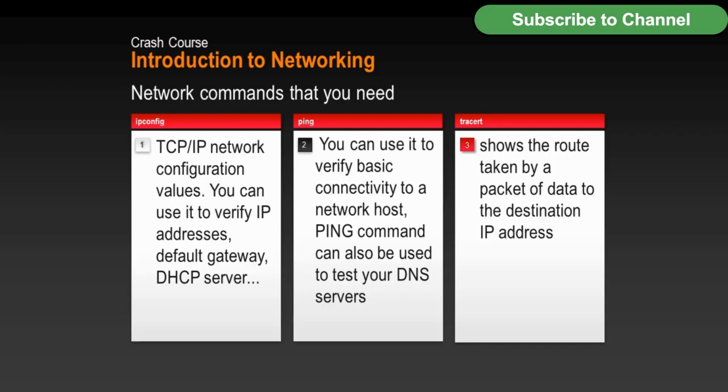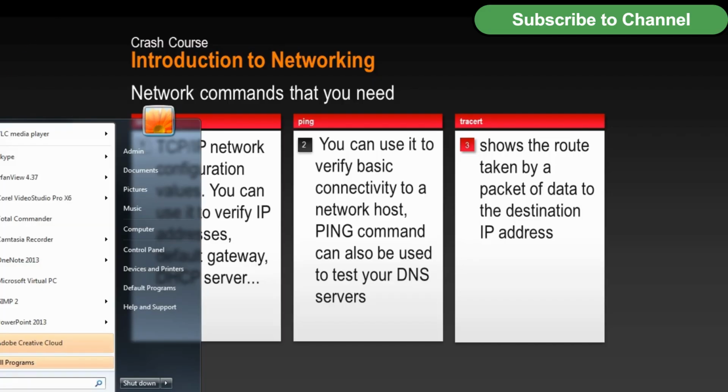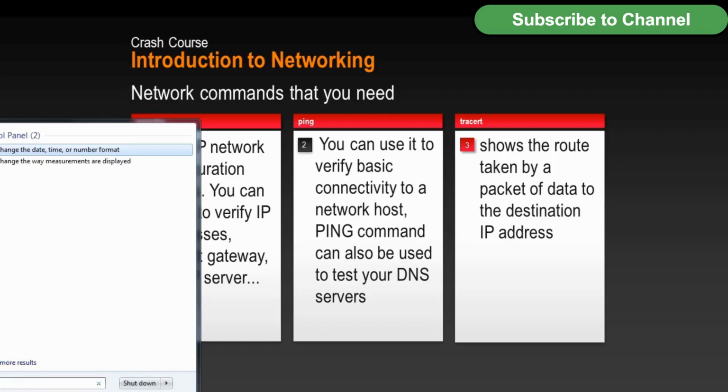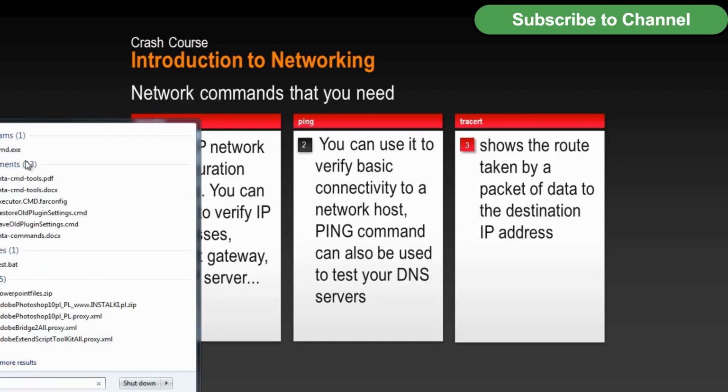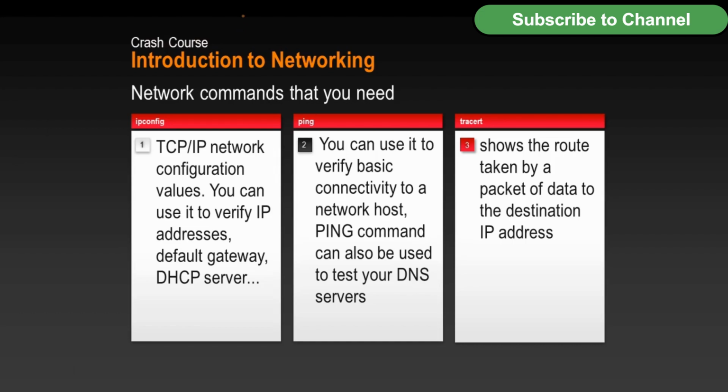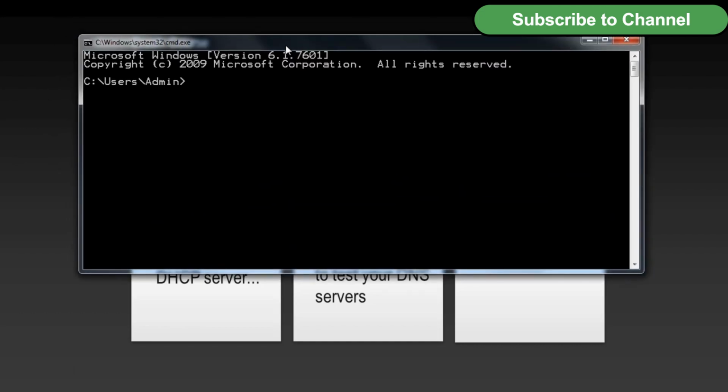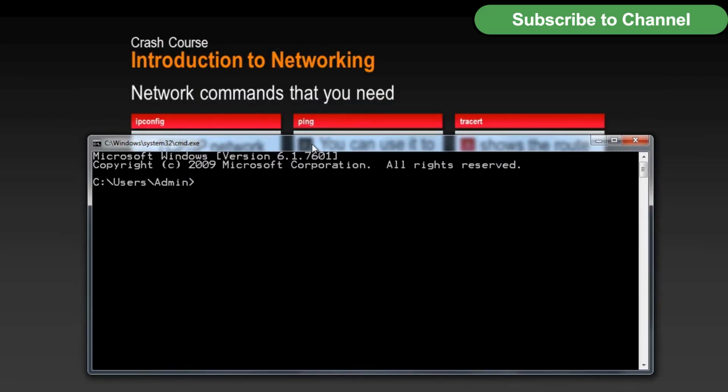To access these commands, we go to Start and we type CMD. Thanks to that, we can access a nice black screen. We can type commands here. I want to keep the commands on the screen as well so you can see them. Let's start with ipconfig.